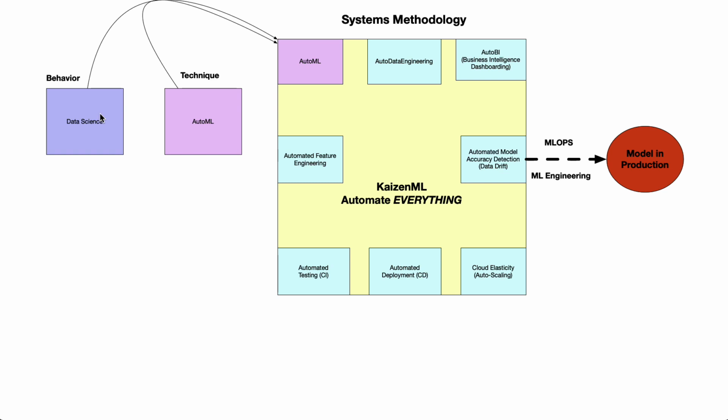Data science just means that you're applying critical thinking, you're looking at data. And AutoML also isn't necessarily a solution, it's just a technique. So they're not good or bad, they're just things to be aware of. The real solution is the systems methodology. And the systems methodology means that every single aspect of computer vision and machine learning needs to be automated.